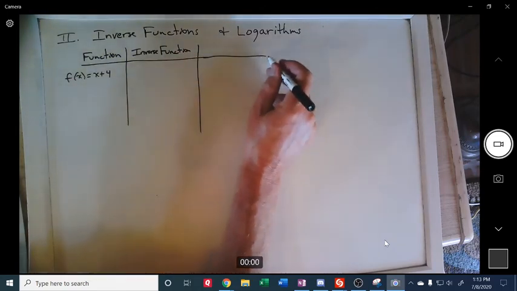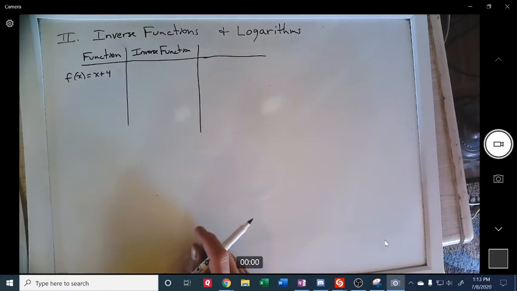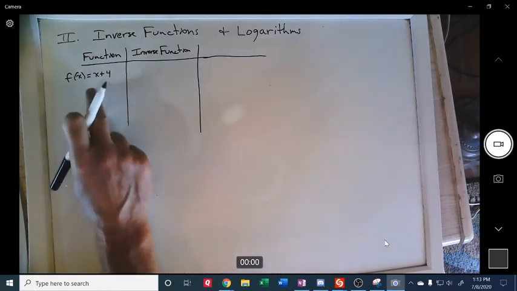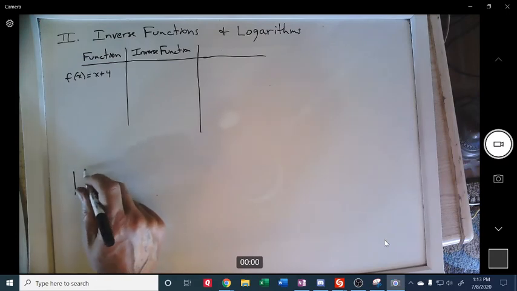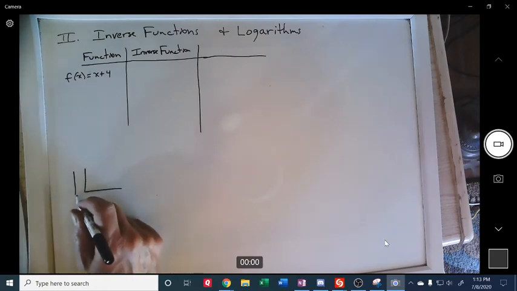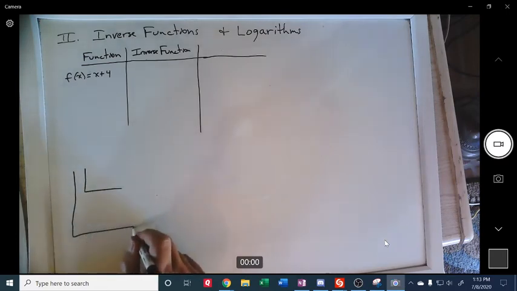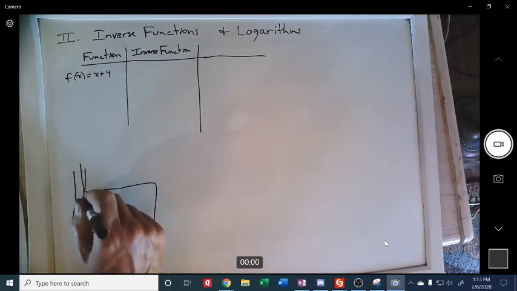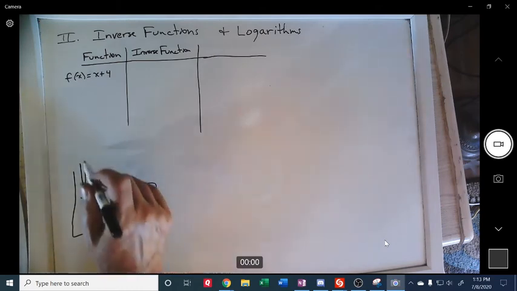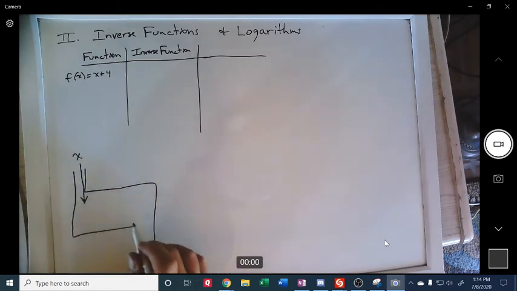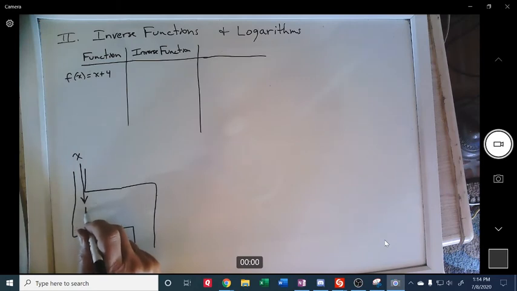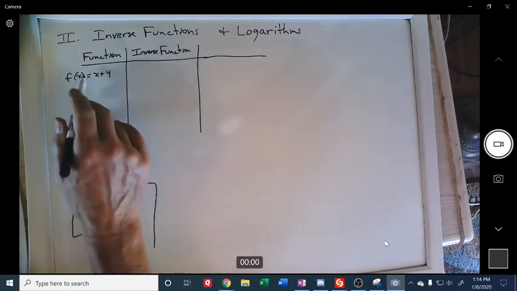Now, the inverse, we can think of this function. One way of looking at a function, you may have never seen this before. One possible way is as a function machine. Any input comes in, and then it has one step to it. Add 4.